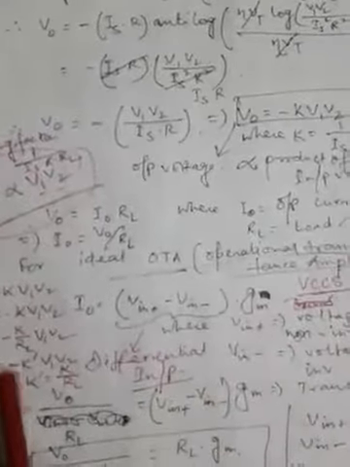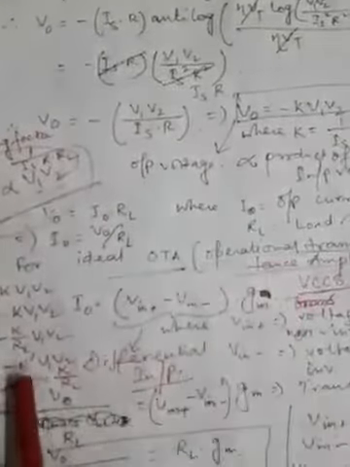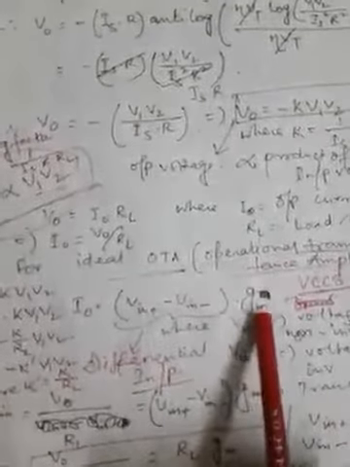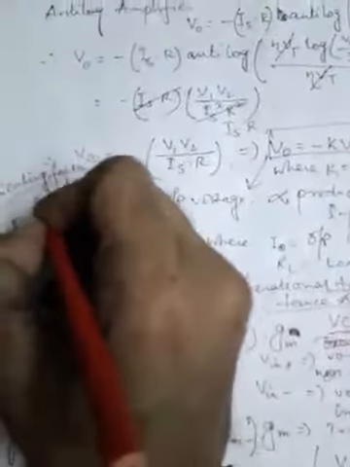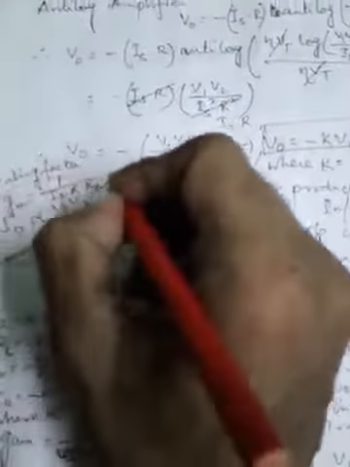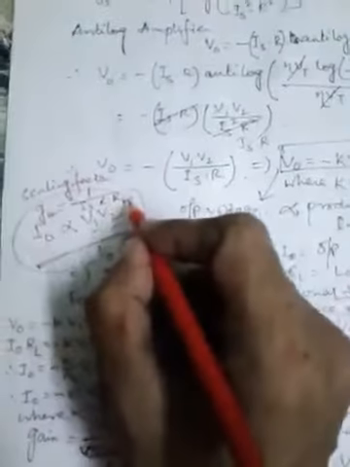If we consider minus for its inverting mode of operation, then K prime must be my GM. Okay, so what is K prime? It is 1 by IS into R into RL. So this is nothing but my GM. So this is the transconductance.